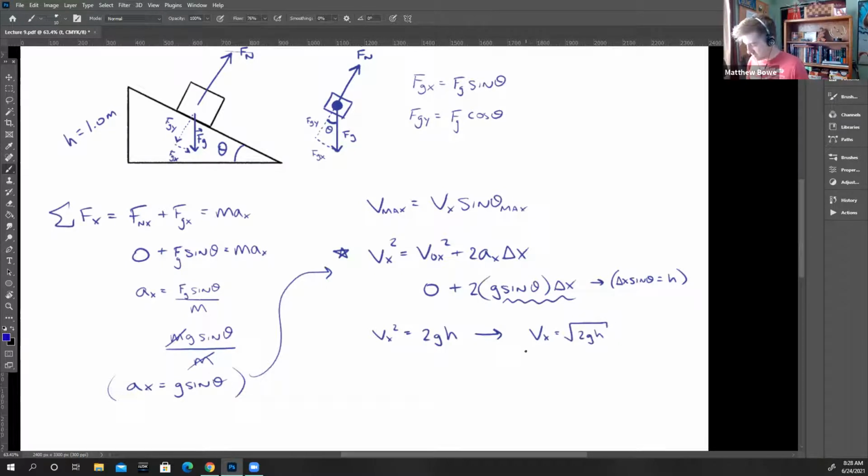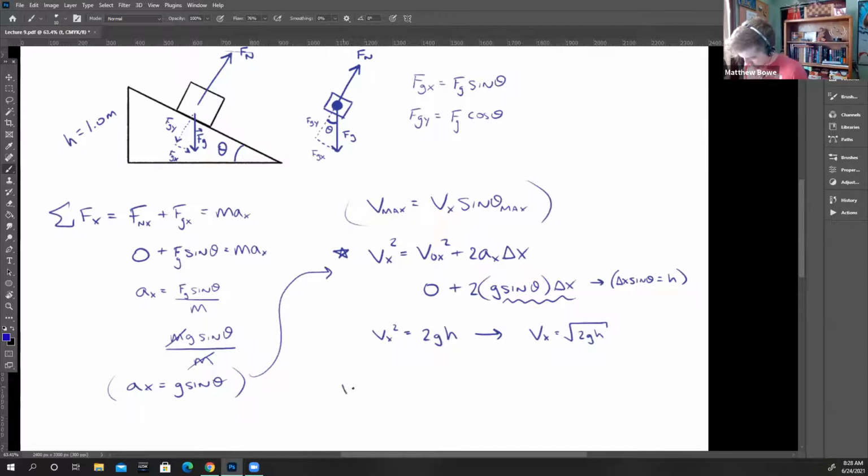So now we have this v sub x. Let's put that into that equation that I've written up here at the top. That's sort of me putting the limit on how fast this box can slide down the ramp.